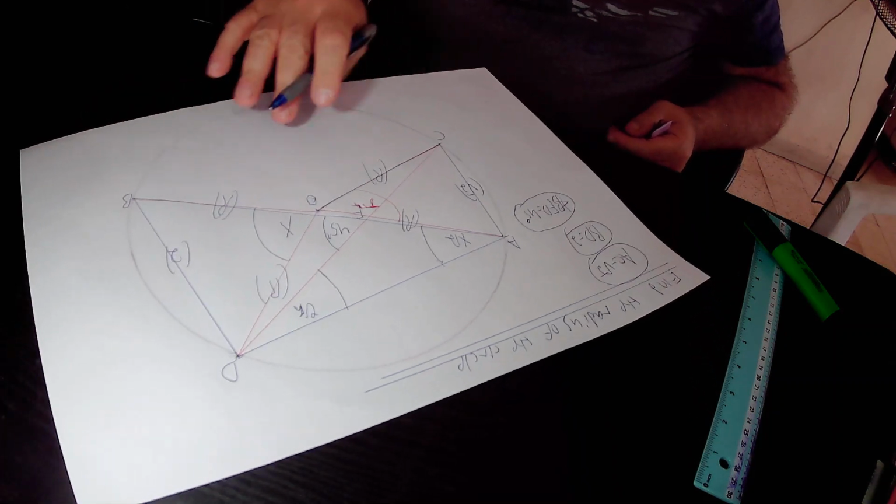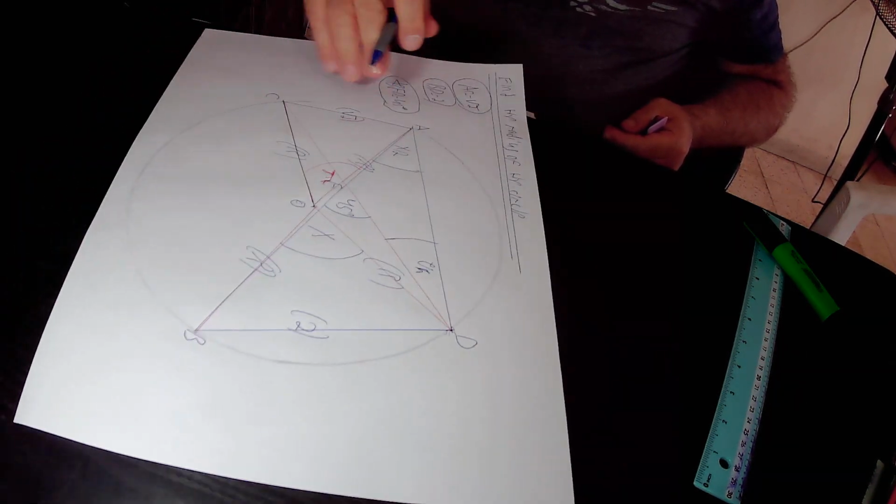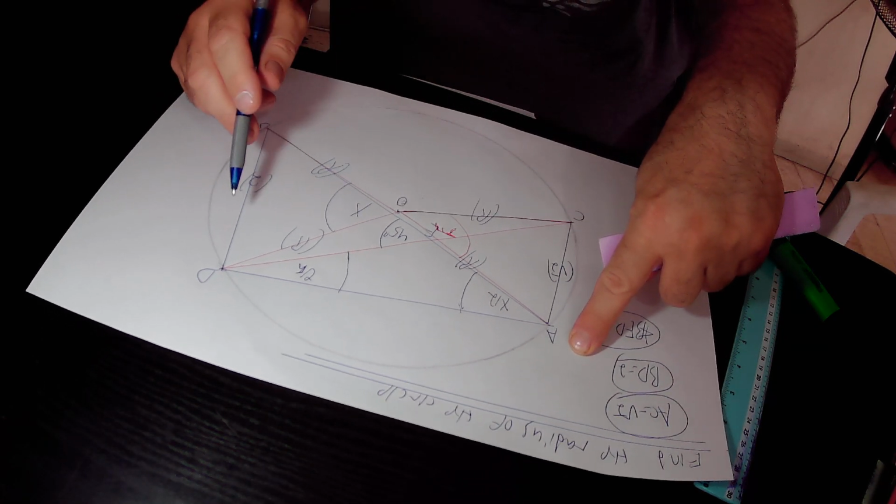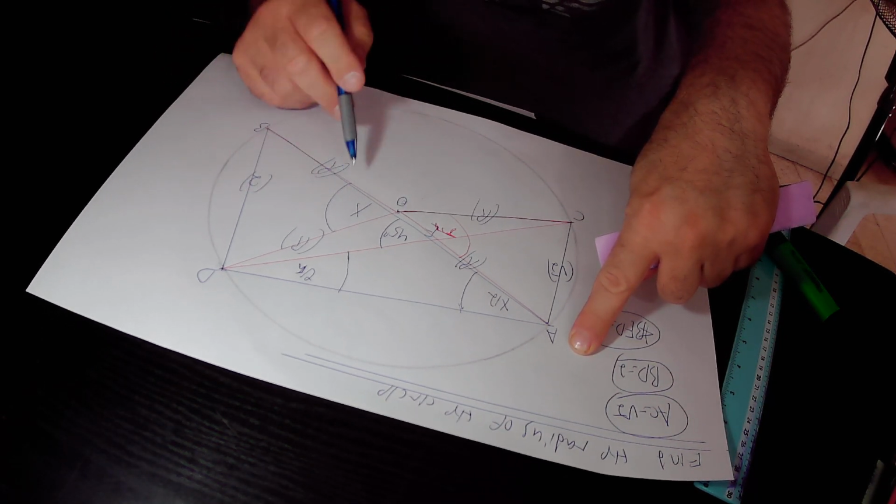In the next step, I'll copy this triangle DOB in a new page, and we will implement the law of cosines in this triangle DOB.